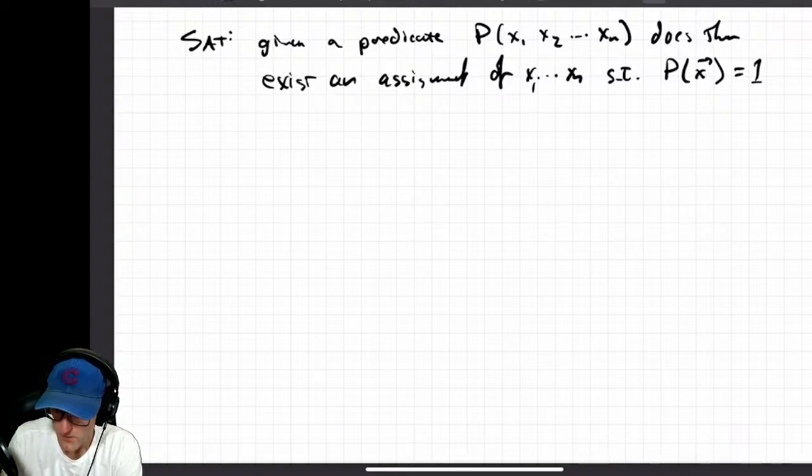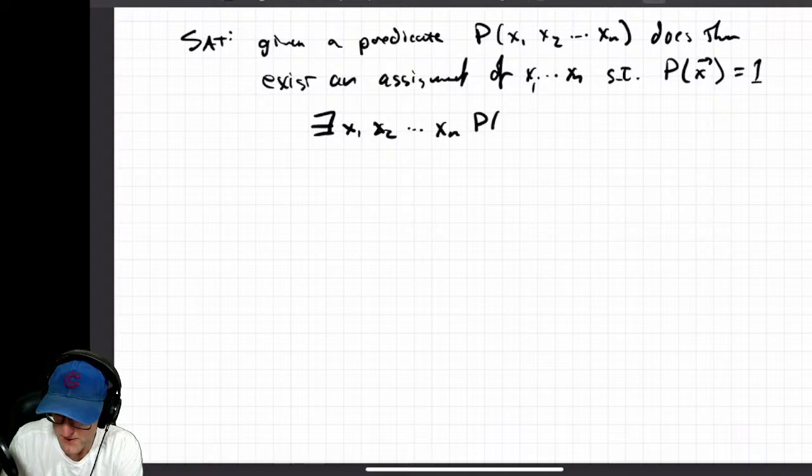In other words, does there exist an x1, x2, ..., xn, such that P(x1, x2, ..., xn) evaluates to true?